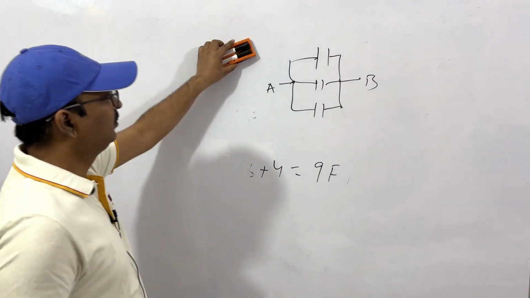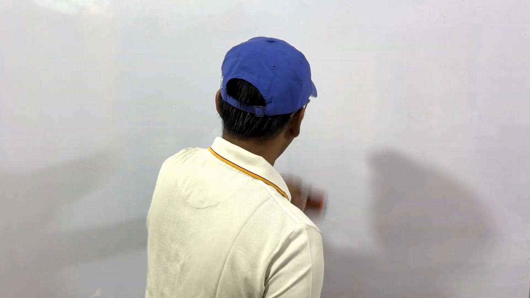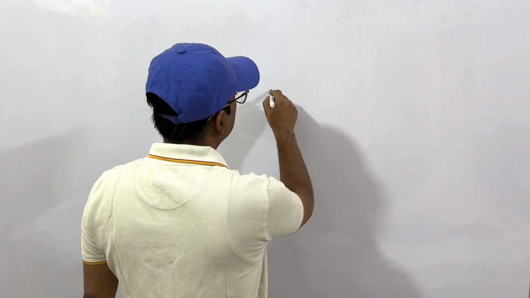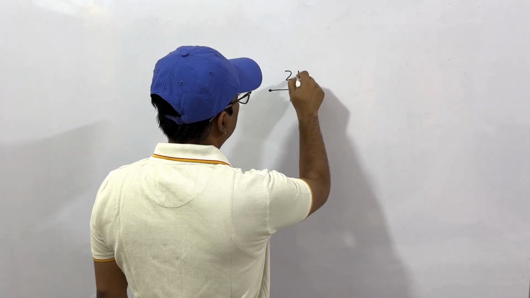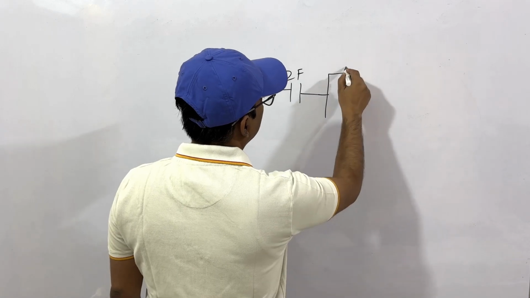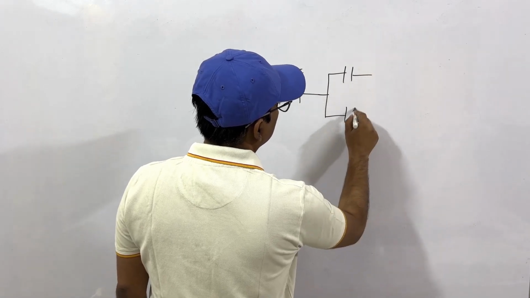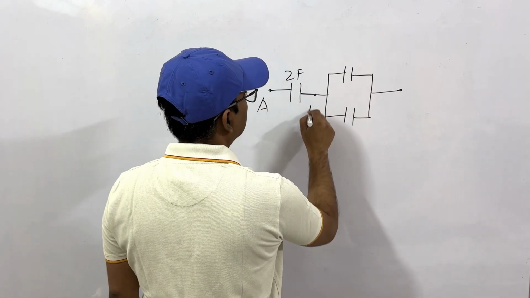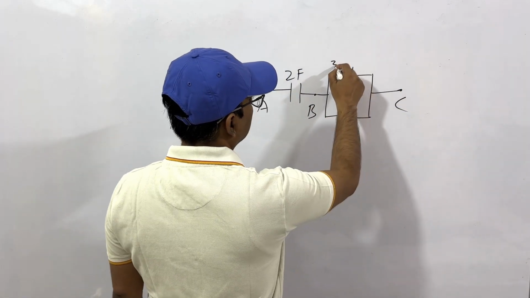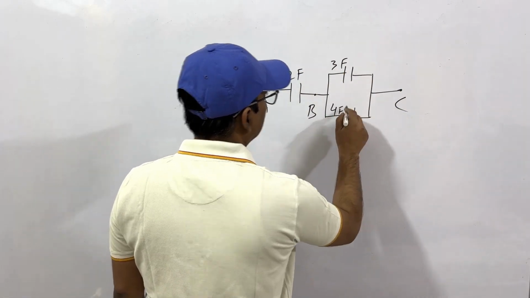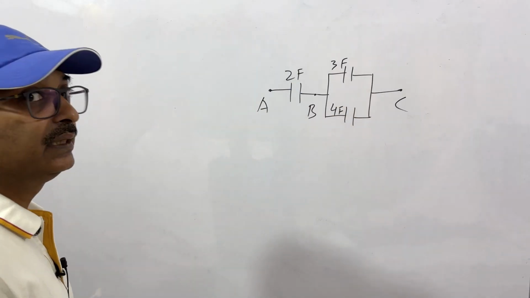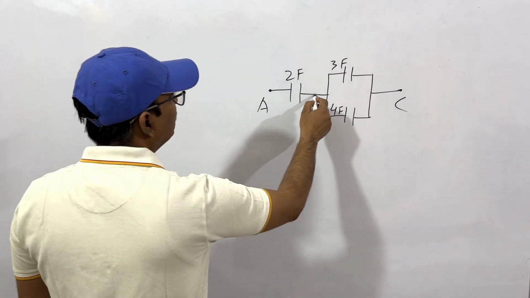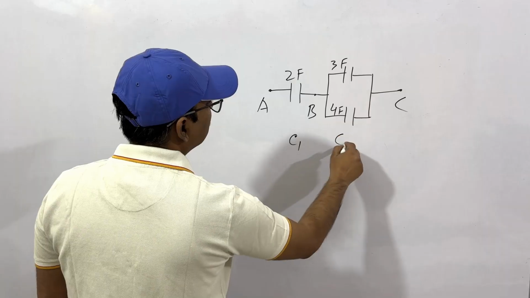Now let's see a bit complicated one. A bit complicated, not so complicated. Let's say this is 2 farads. Then we have it like this. So this is A, this is B, this is C. Let's say this is 3 farad and this is 4 farad. What will be the equivalent capacitance across AC? This is C1, this is C2.